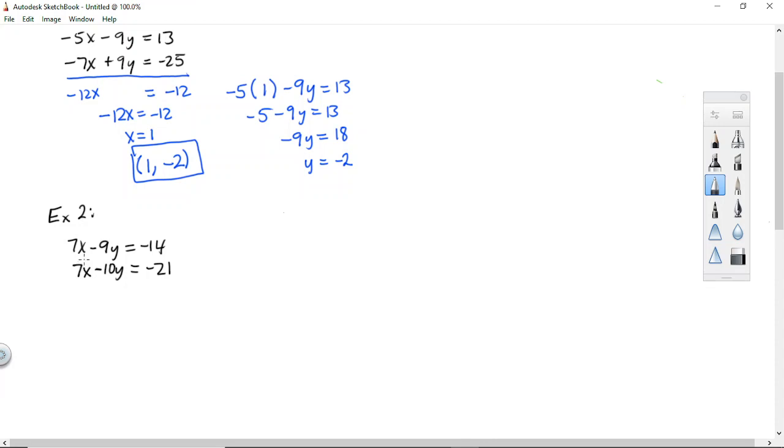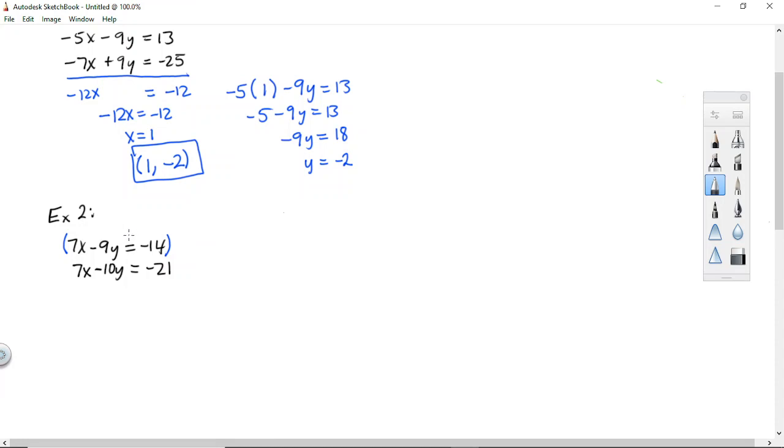But of course, we can multiply one of these by negative 1 in order to get it ready to add to the other one. Multiplying both sides of something by a constant is okay in algebra. It will not change the solution set at all, so you can do that.